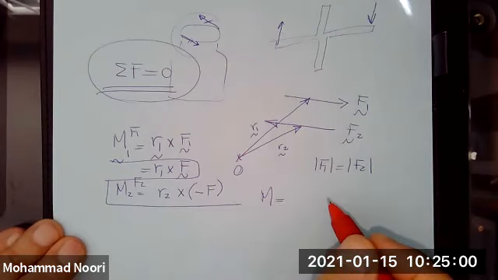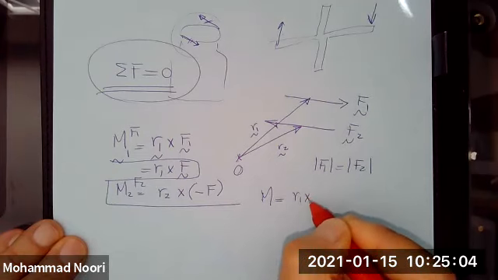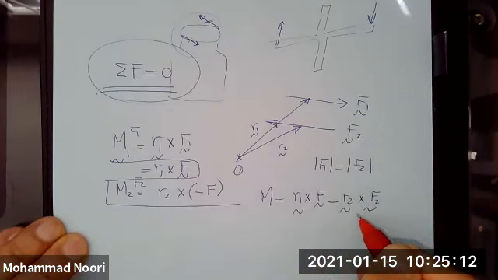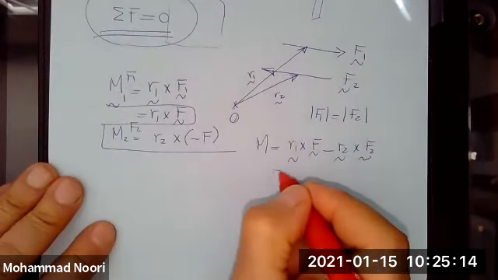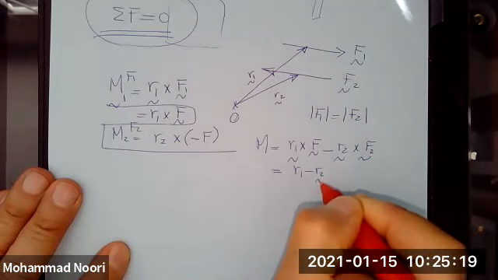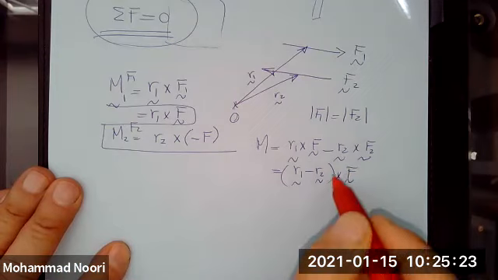The total moment would be R1 cross F, minus R2 cross F. This is a vector summation, so you can simply write this as R1 minus R2 cross F.